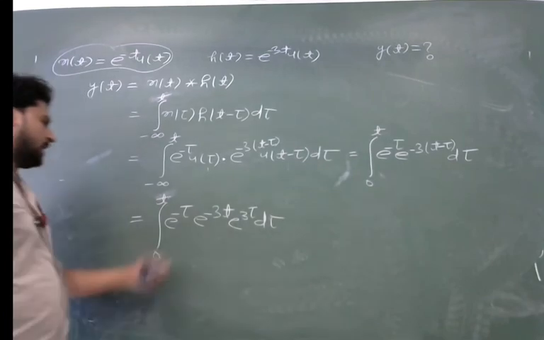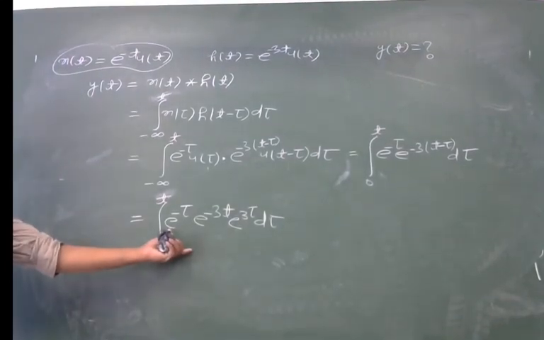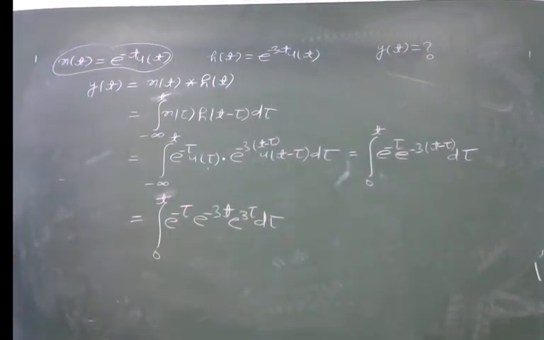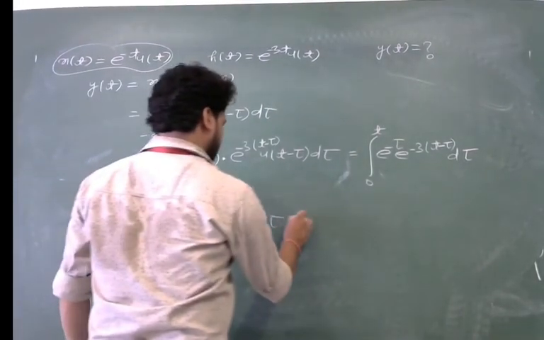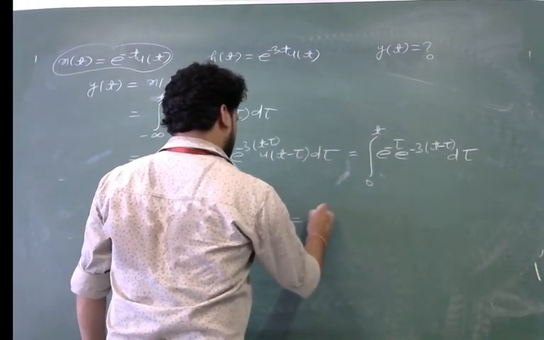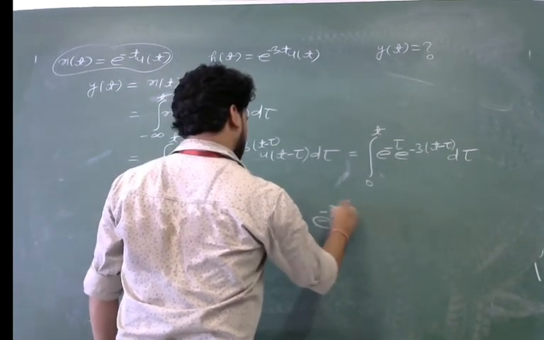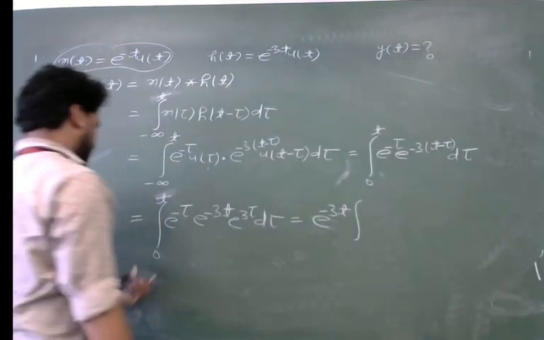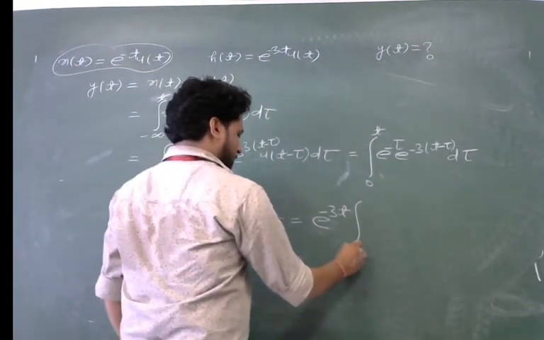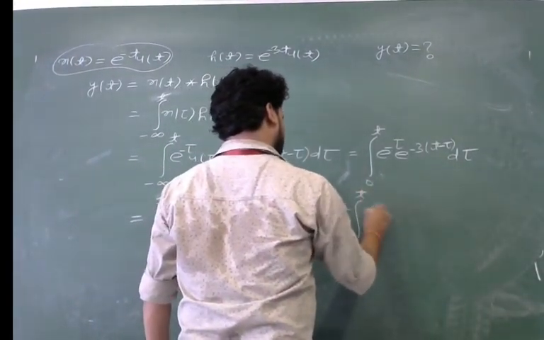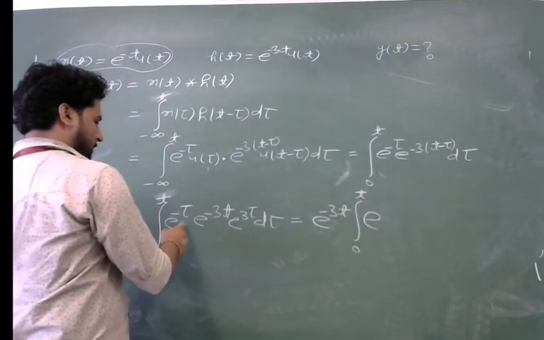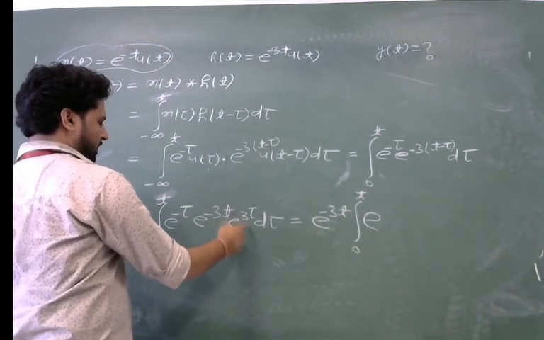Because we are integrating with respect to tau only, the term e^(-3t) becomes a constant and comes outside of the integration.